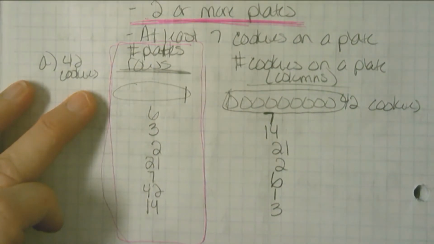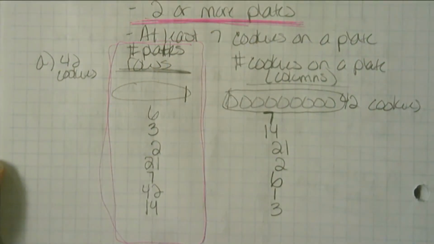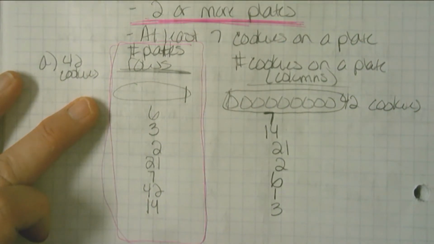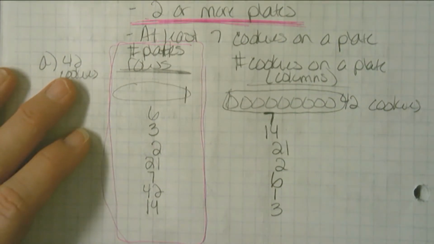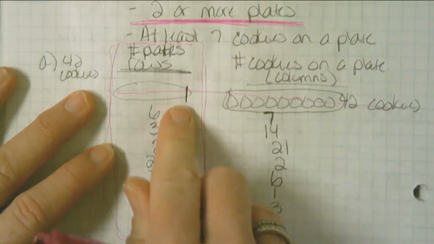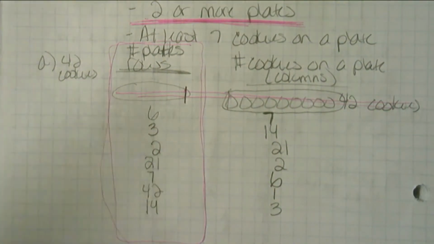I want 2 or more plates. So what does not meet our qualification? Layla? The first one. This one does not meet it because this is 1 plate. Okay, that's the only one.